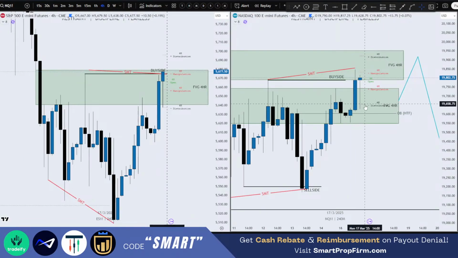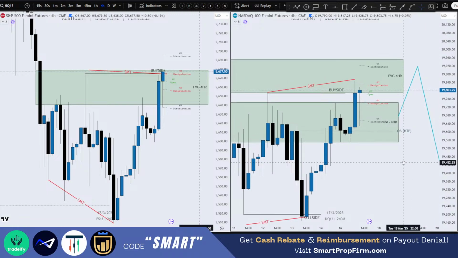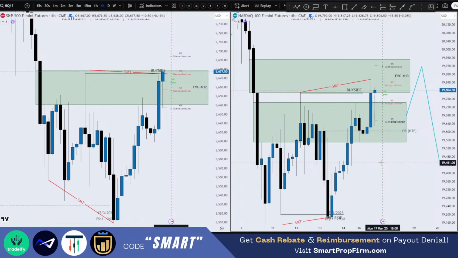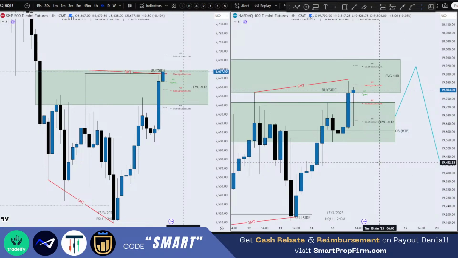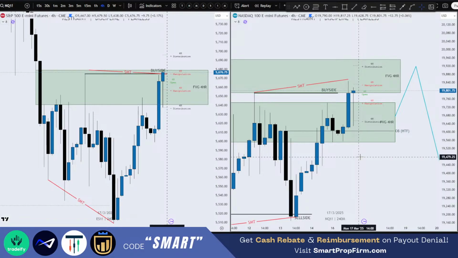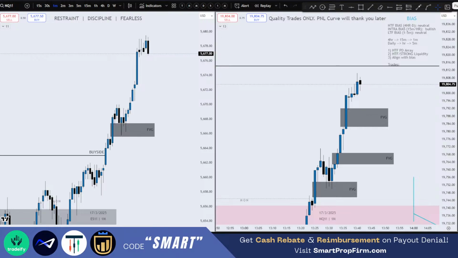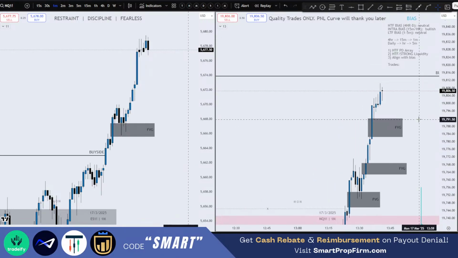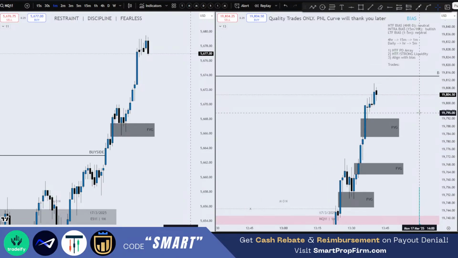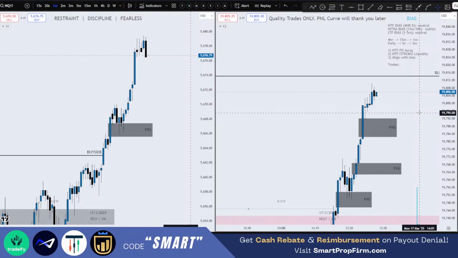I just like upside because we have this 4-hour here, and now we just get a monstrous push back higher. Does that pump to 814s here?